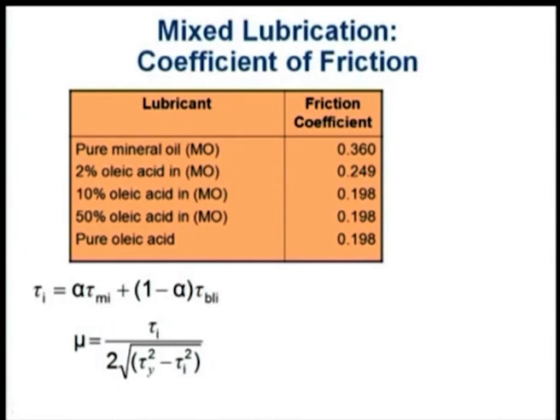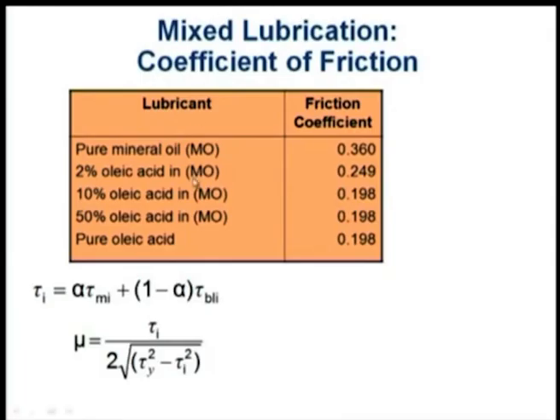Now, we added 2% oleic acid. In that case, what will happen? The coefficient of friction turned out to be 0.249, or roughly 0.25. Increasing oleic acid decreases the coefficient of friction, but not to a substantial level, and subsequent increases in oleic acid are not going to give us much.